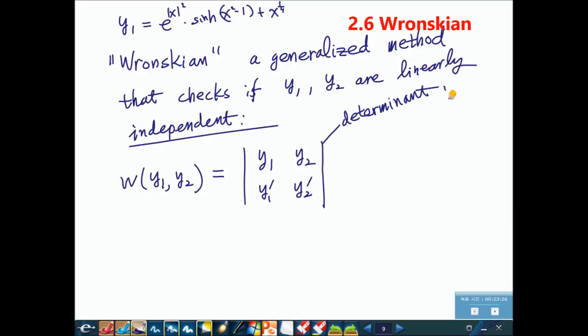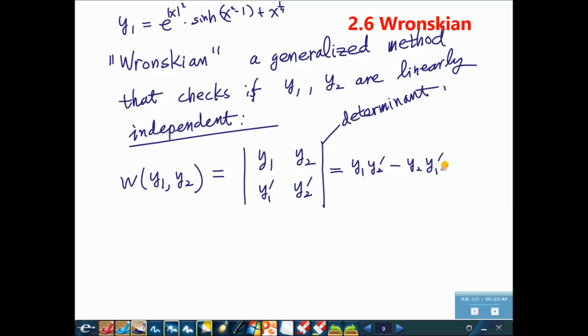I hope you know that. And the determinant calculation is this, right? Okay, that's the definition of the Wronskian.